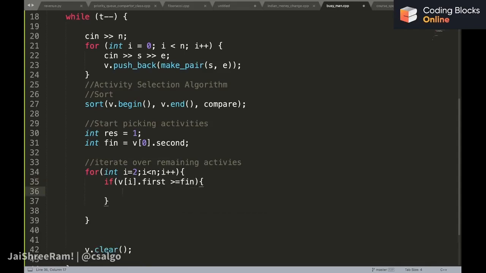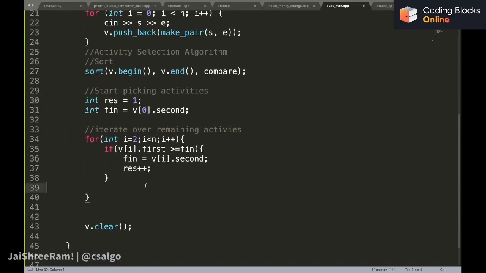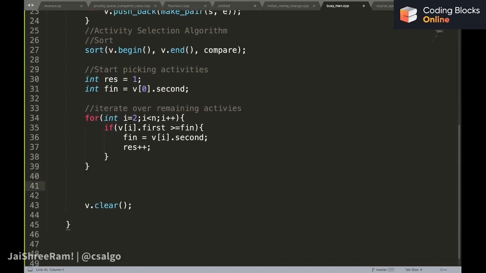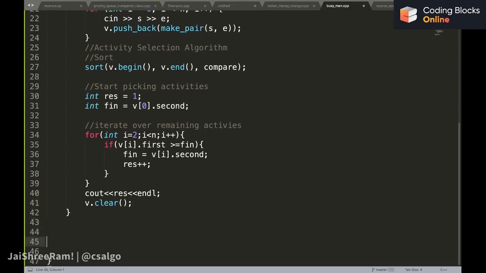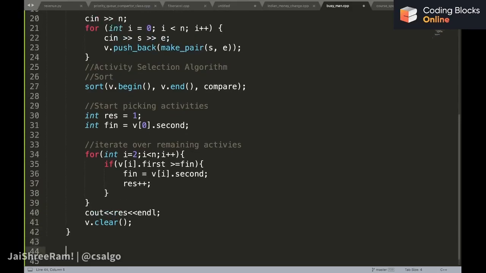So I can update the finishing time as v of i dot second, and I can increment my count by 1. So result stores the number of activities that I can do. Otherwise I will just move on to the next activity, and for each test case I will just print the value of result, and I will clear my vector. So I think this should be okay.